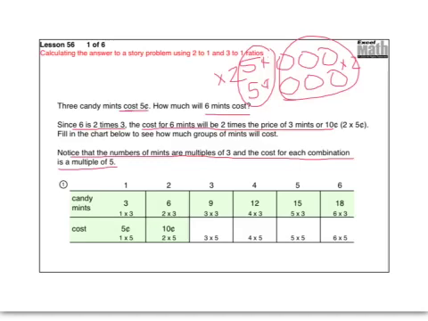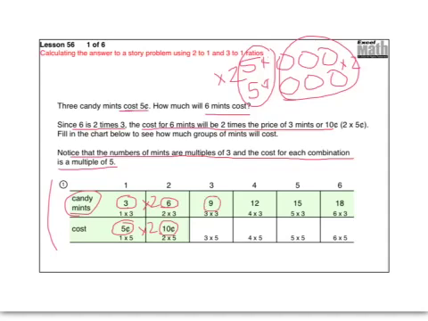Now that's a different problem from the one we looked at up there. So this number right there is the number of candy mints, and this is cost. Actually, it is the same problem. It's the same idea as the one above there. And then 6 mints cost 10 cents because if I multiply 3 times 2, I multiply 5 times 2 to get the 10.